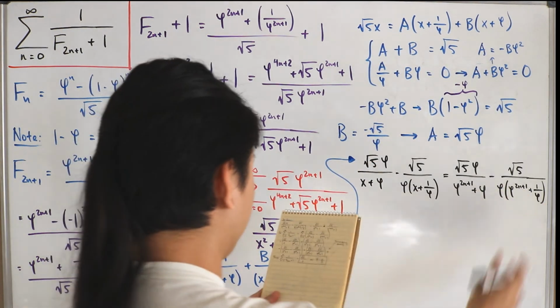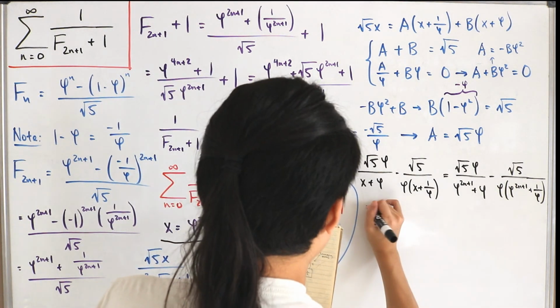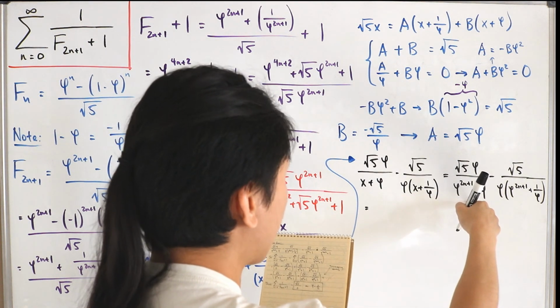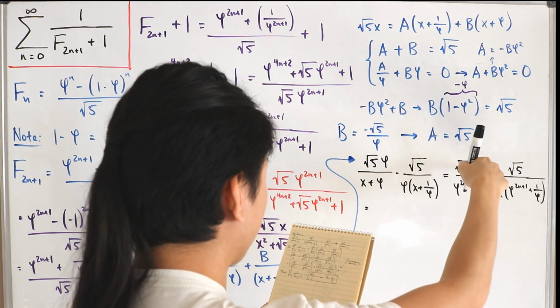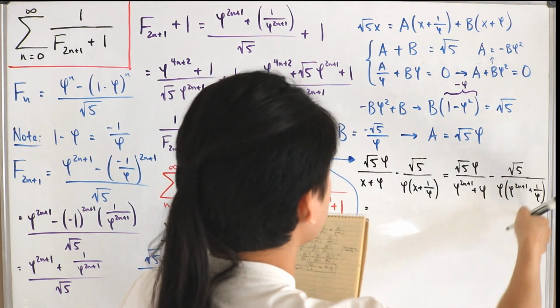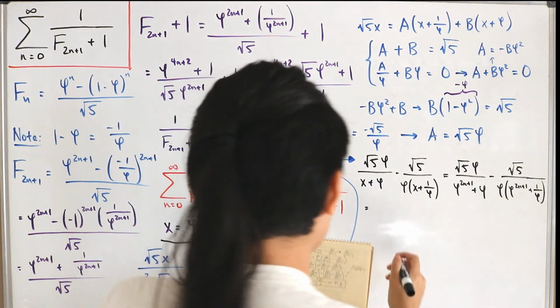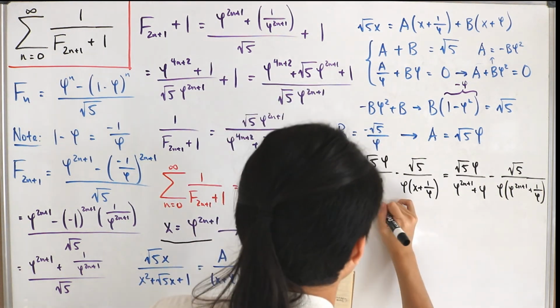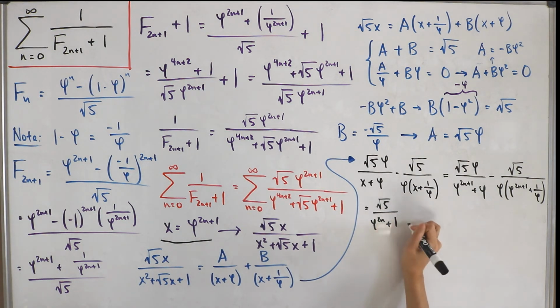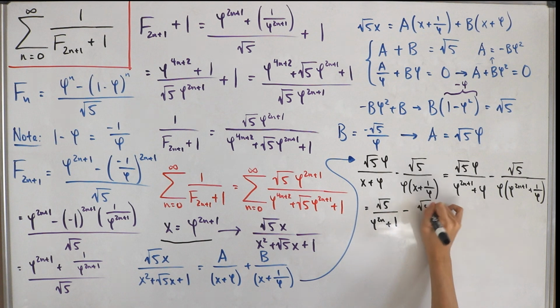So we can actually reduce this even further. For one, I'll factor out a phi from the denominator, which nicely cancels the phi in the numerator as well. Then we'll distribute the phi to get rid of that denominator. Performing all this, we have the square root of 5 divided by phi^(2n) plus 1, then subtract the square root of 5 divided by phi^(2n+2) plus 1.